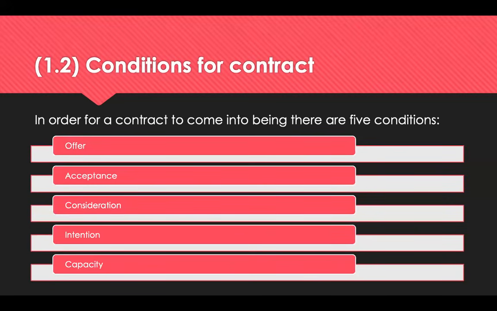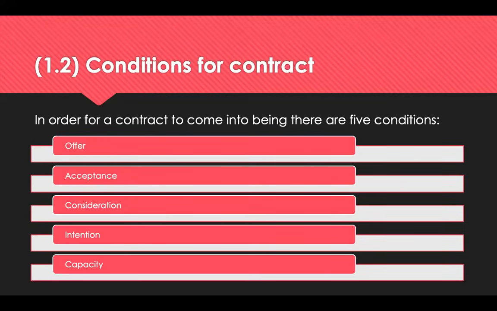In legal terms, contracts are bargains, one thing given in exchange for another. So consideration is the thing that we're giving in the exchange. So money for goods, money for services. And the expression intention just says that you intend to be legally bound, and you can't have intention if you're doing an illegal act.